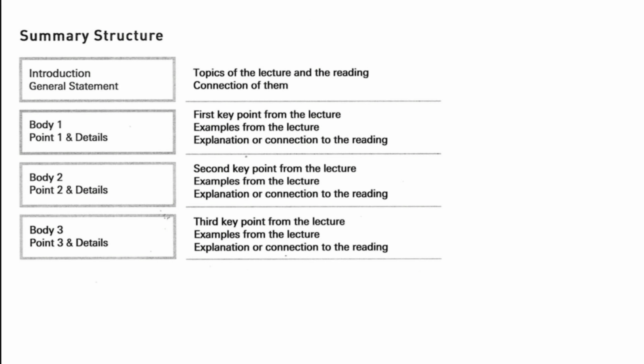Then you go to your body paragraph number 2, where you present the second point and details. So second key point from the lecture, examples from the lecture, explanation or connection to the reading. And body paragraph number 3, where you have your third point with the details and examples from the lecture and explanation or connection to the reading.